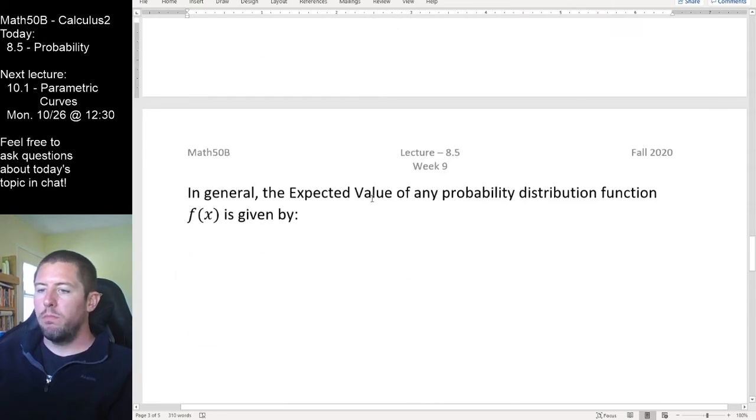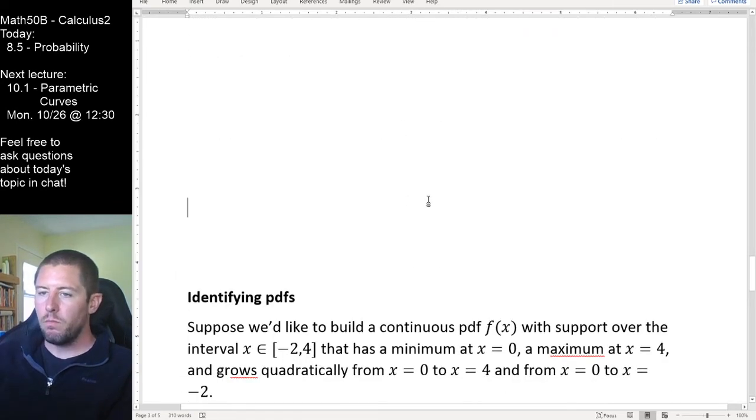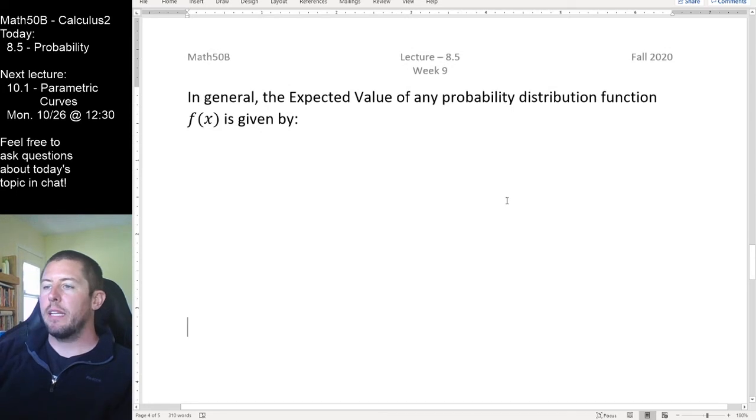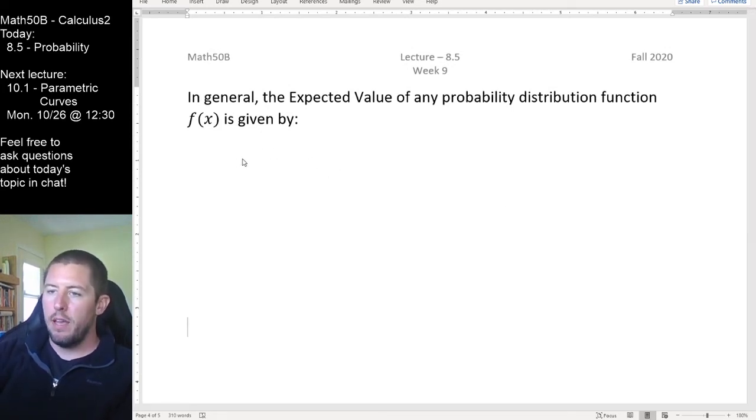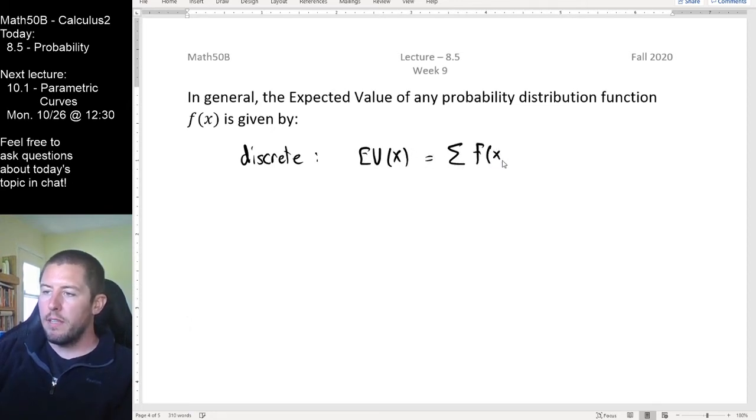Okay, so where are we at here? So in general, we expect the expected value of any probability distribution function f of x to be given by, if we're discrete, then expected value of the variable x is given by the sum of the f of x sub i times x sub i.